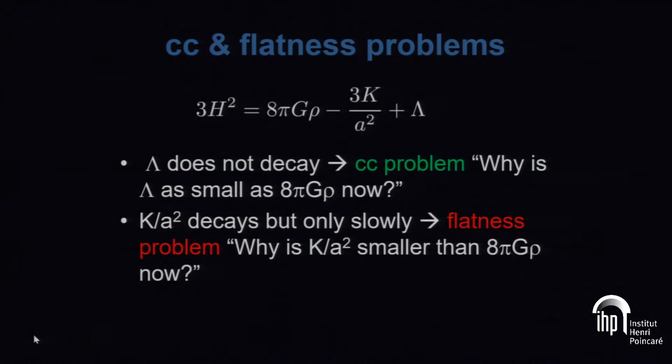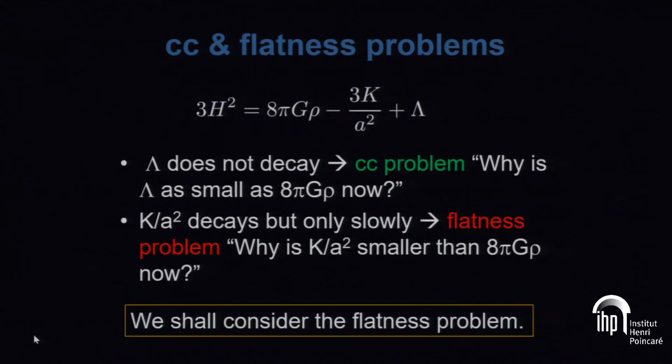So this decays, but slower than others. But still, we need to explain why this is smaller than other terms. Okay? So that's why I'm saying that the flatness problem is the second most difficult problem associated with the Friedmann equation. Okay? In this talk, I'd like to consider the flatness problem.